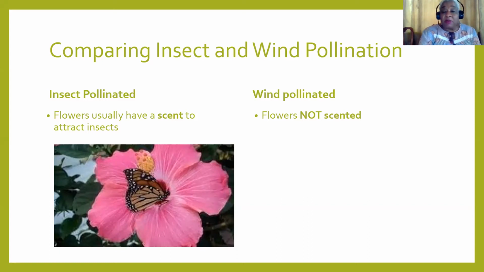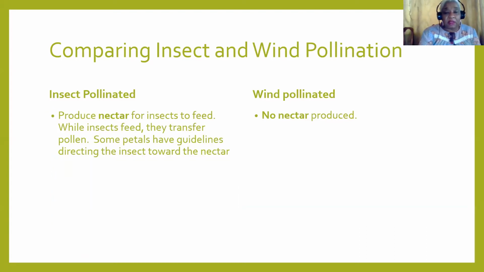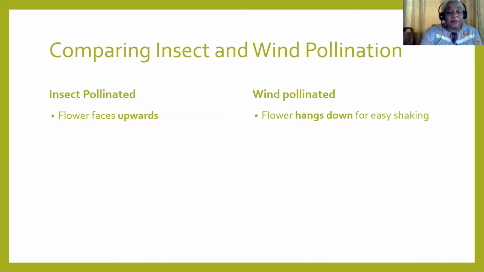The flowers of wind pollinated flowers are not scented. So as you say, the insect pollinated flowers produce nectar, and when the insects feed, they transfer the pollen. Some petals have these guidelines we're talking about. And again, with wind pollinated, there's no nectar.